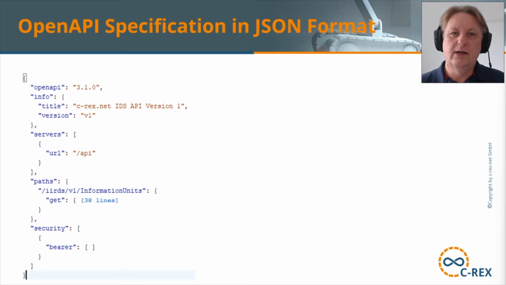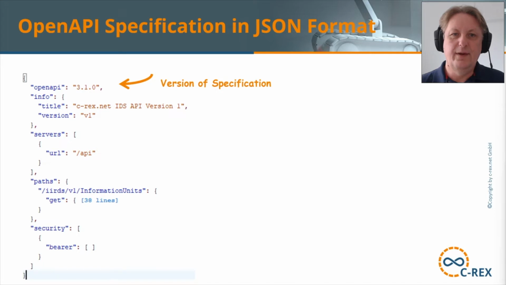Let's take our CRX IDS Content API as a sample. CRX IDS is a cloud system providing content as a service, based on the German tekom standard iiRDS. This is what such API data looks like in JSON representation, which is generated automatically from our source code.